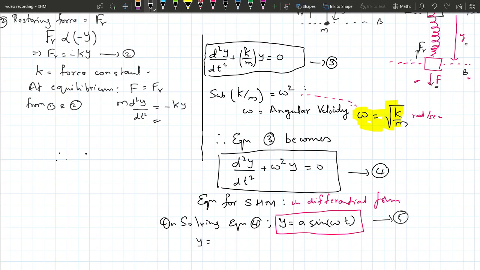Y is the displacement of the particle at a certain instant of time. That means I can evaluate the displacement if I know the value of A, omega, and at what time I want it. Therefore this equation, y is equal to A sine omega t, is called the equation for the displacement.